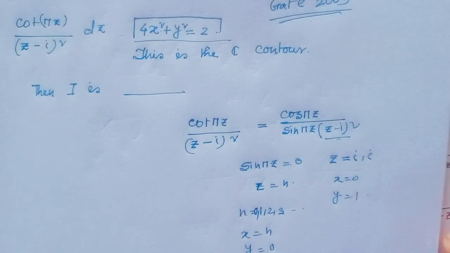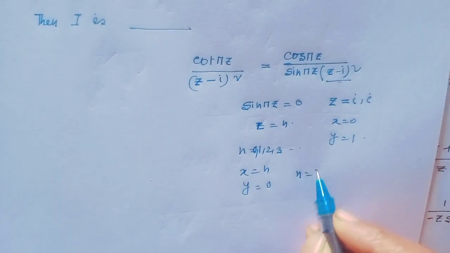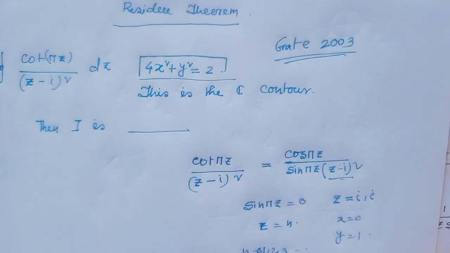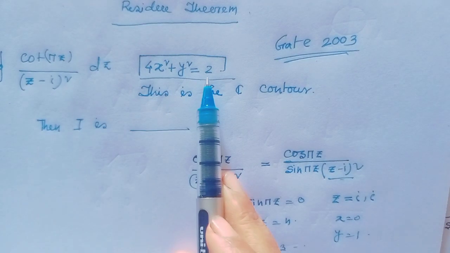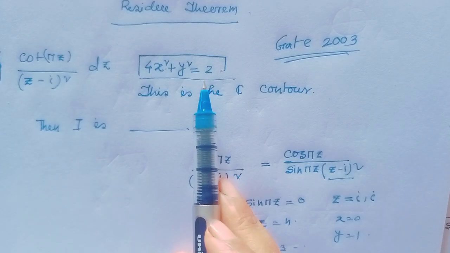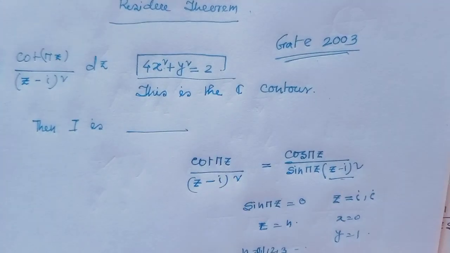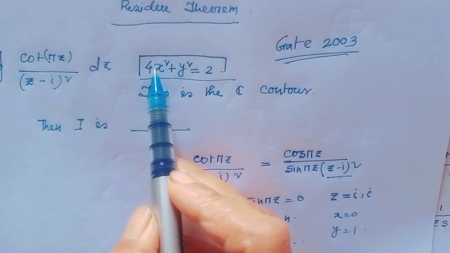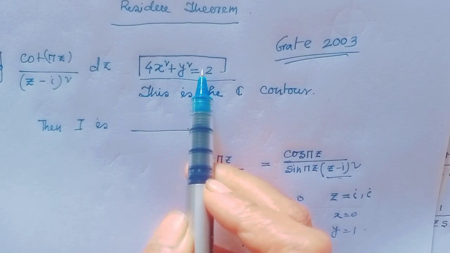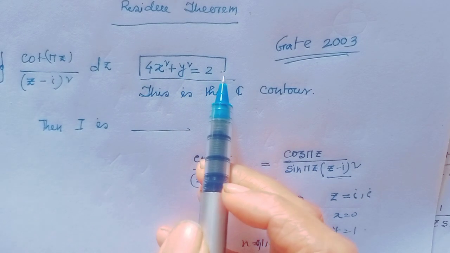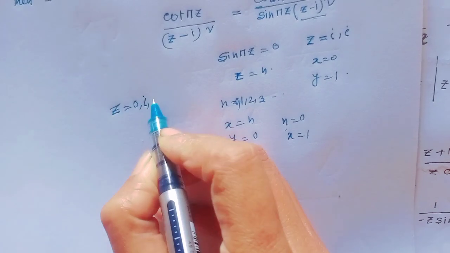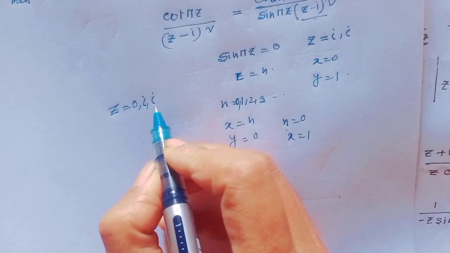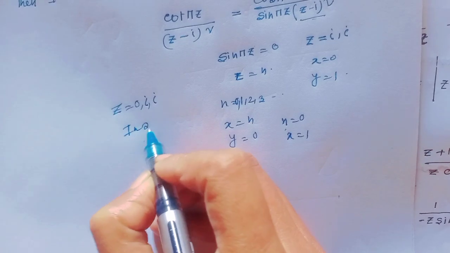If we consider n equal to 0, then x equal to 0 is inside this curve. But if you consider x equal to 1, this means 4, which is greater than 2. This is outside of this contour. That means only z equal to 0, and i, a double pole, are inside the circle.